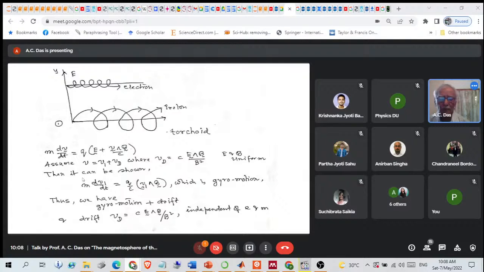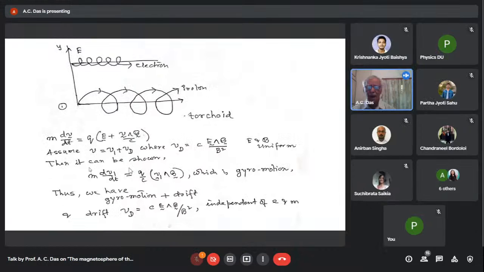So we have gyro motion plus drift, and drift is given by Vd equals c E cross B by B square, which you can see is independent of charge and mass. So the electrons and protons drift with the same velocity. That's very important. And in this case, therefore, there is no current, because electrons and protons move with the same velocity, in the same direction, and therefore there is no current.